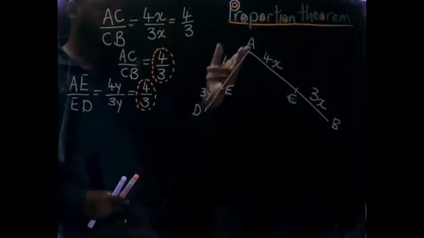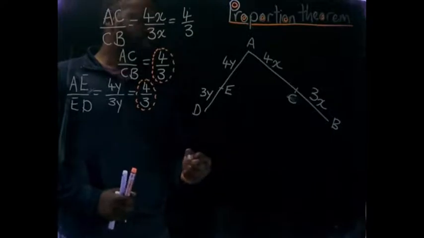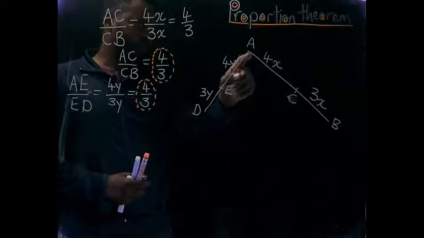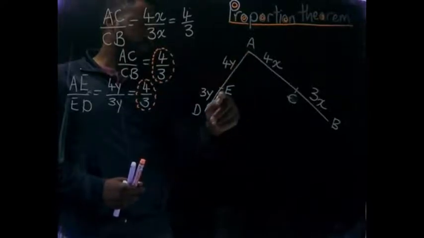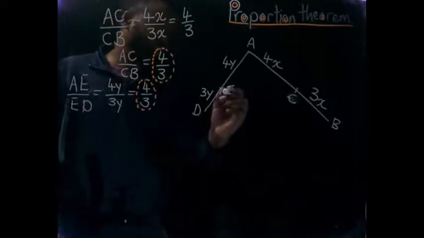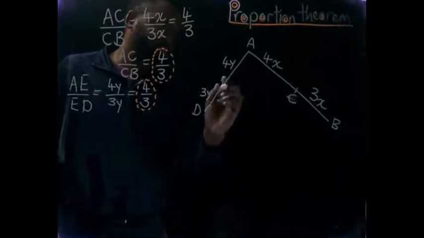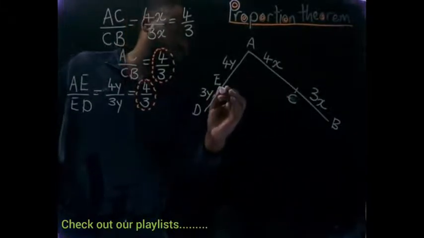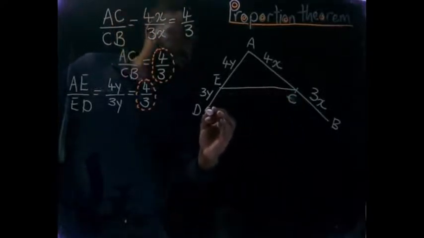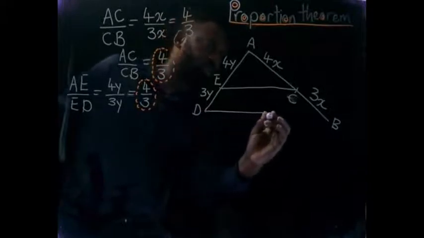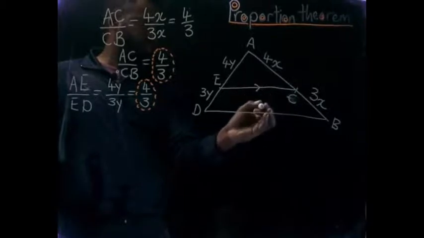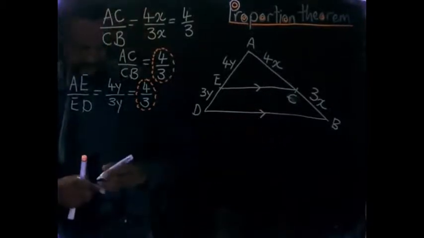Okay, so E and C are points that are dividing two lines that have got the same starting point, a common point, drawn from the same point into the same proportion. So if I was to join the lines E and C, and then I also join the lines D and B, what I would observe is that EC and DB are actually parallel to each other.